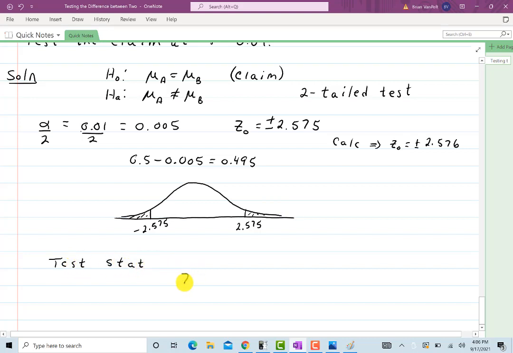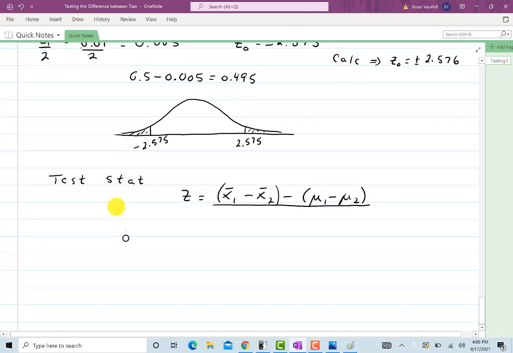Z equals x1 bar minus x2 bar minus mu1 minus mu2, which is going to be 0, divided by the square root of sigma 1 squared over n1 plus sigma 2 squared over n2. And let's go ahead and put in our numbers.